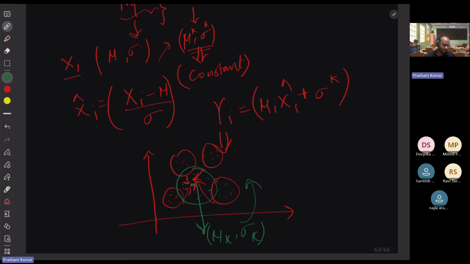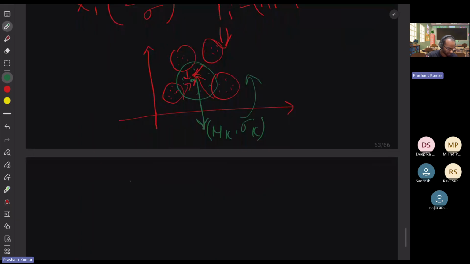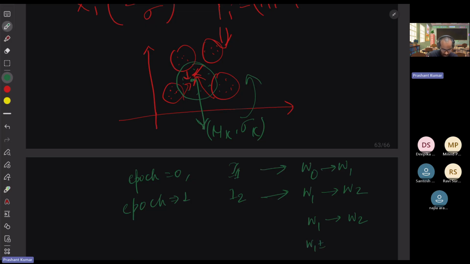We are saying that in epoch 0, I have given the input 1 and it has changed the weight from W0 to W1. And if I have gone to epoch 1, and this is the input 2, when W1 goes to W2, this change from W1 to W2 should be plus minus epsilon.